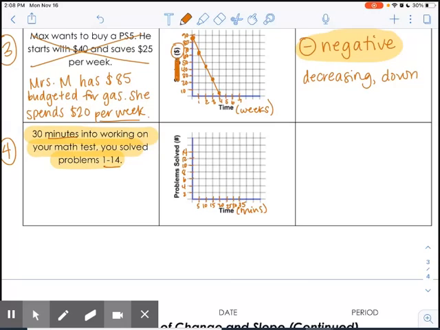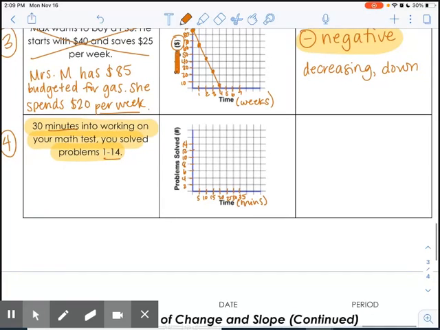At 29 minutes in, you still have not even touched the pencil. I look away for a second, and when I look back at you, minute 30, all of a sudden, questions 1 through 14 are all answered in one split second. So that's what's happening here. It's kind of a weird situation. Obviously, if that happened, something sketchy is going on.